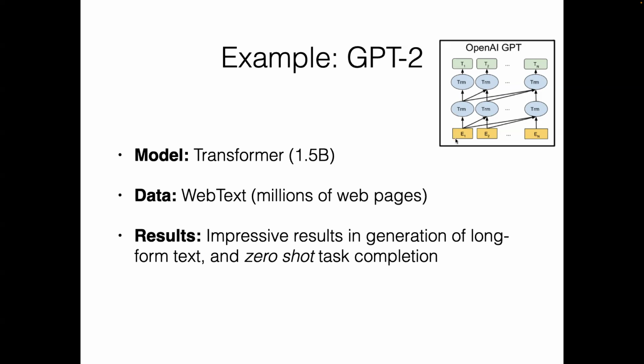And does anyone know what GPT actually stands for? Yeah, exactly. So they had this transformer and they trained it on all of these different web pages. And then they noticed that it was actually outperforming fine-tuned models even on zero-shot tasks. So not even giving it a few examples, but just having it perform a task.